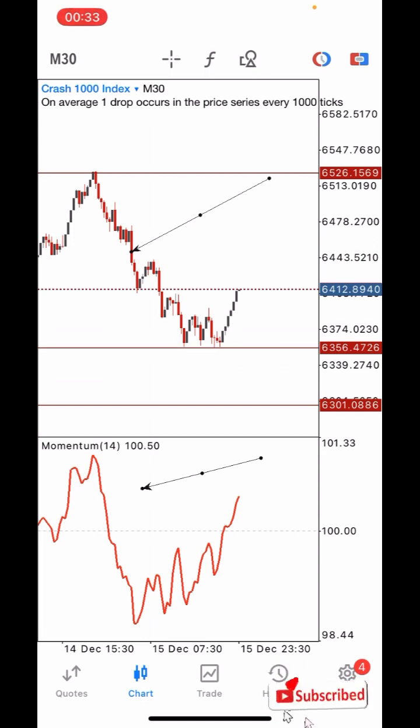So I need to be sure that you've understood this part of it, and then I can advance you into how to find entries using this strategy. So do what I've just asked you to do right now. Go to your chart, spot out divergence on different sides, then send one or two screenshots to me on WhatsApp using the link in the description of this video, and let me be sure that my traders are learning.